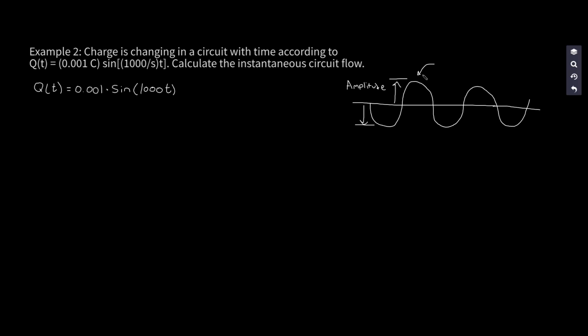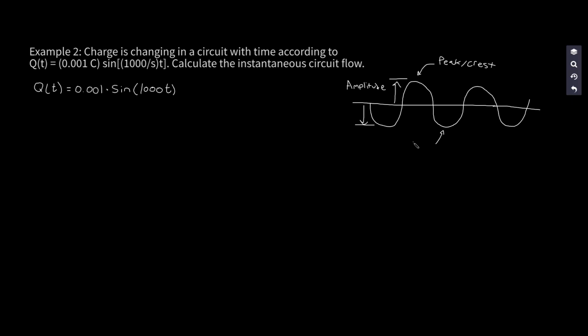If we were to think about this graphically, then we have a wave. Remember we're dealing with sine here, so we're going to look at a sine wave. This is not the best sine wave, but that's what we got. From here down and from here up, this is the amplitude. This is the peak, also called the crest of the wave.